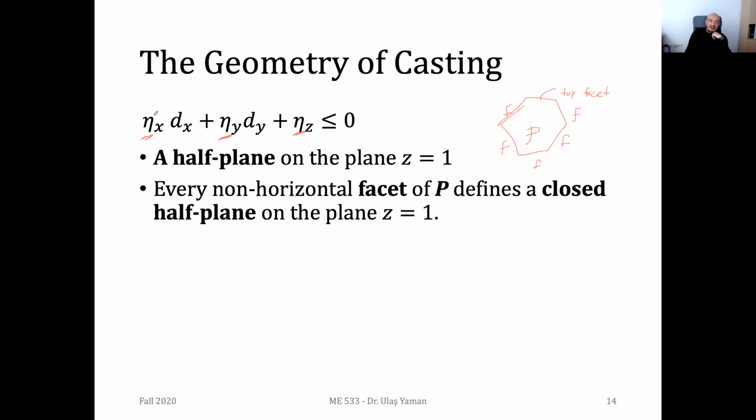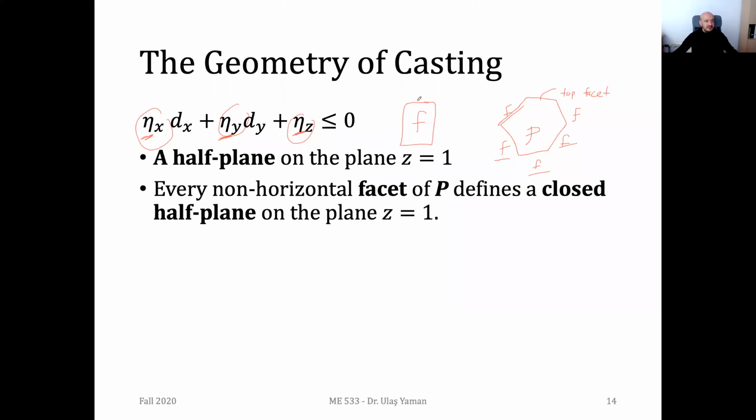What are these eta? These are the normal vectors of the ordinary facets. So the number of inequalities simply depends on the number of ordinary faces. Okay, this is the answer, simply F.